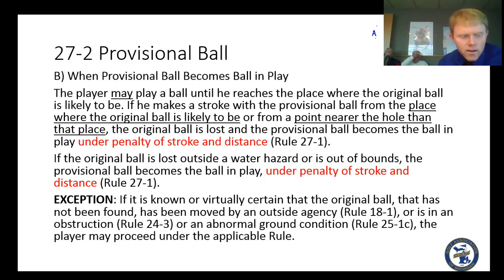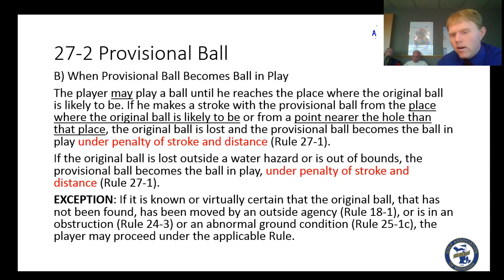Right? Now the exception here is that if it's known or virtually certain that the ball has been moved by an outside agency, is in an obstruction, or is in an abnormal ground condition, the player may proceed under that rule.